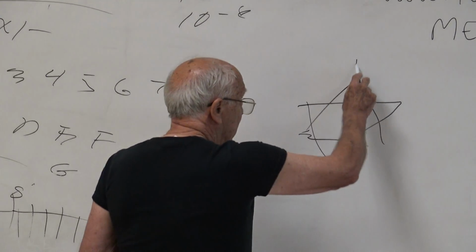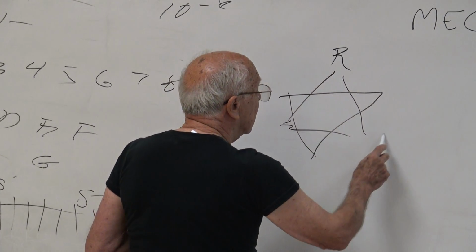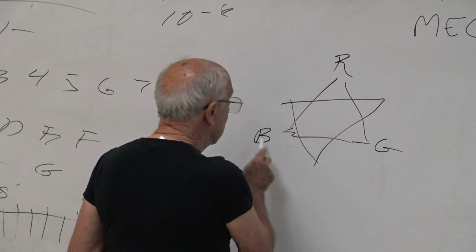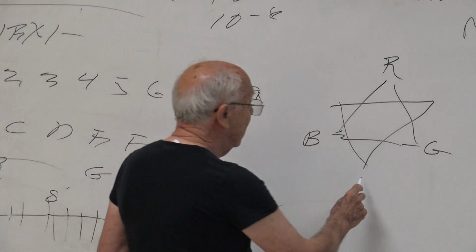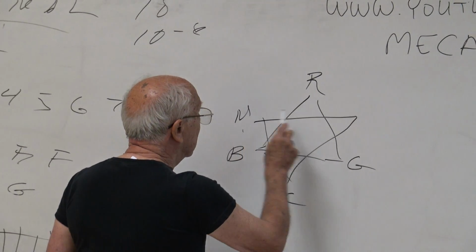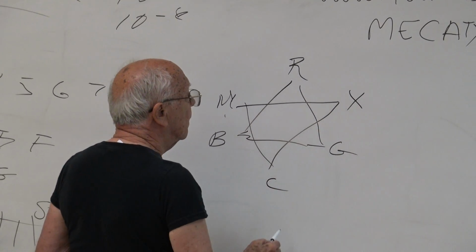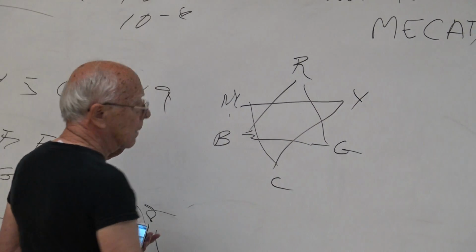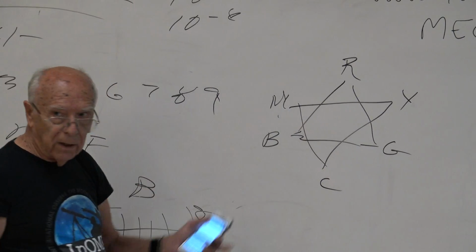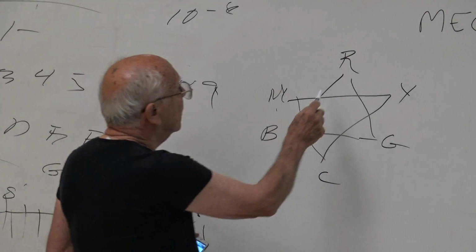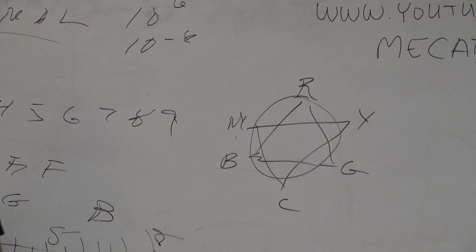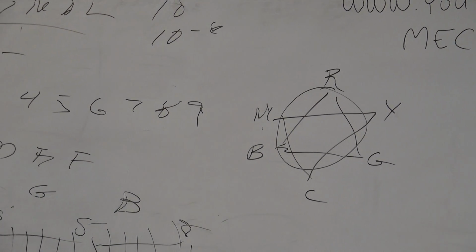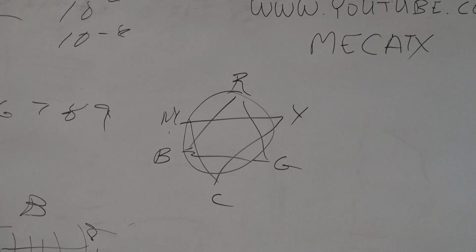So the top one is R, G, B. If you look at your color wheel, that's pretty close. Okay? That's cyan, magenta, and yellow. You can think about it that way, or the chart I gave you as a circle. Doesn't really matter. Whatever is the easiest way for you to get it in your mind.